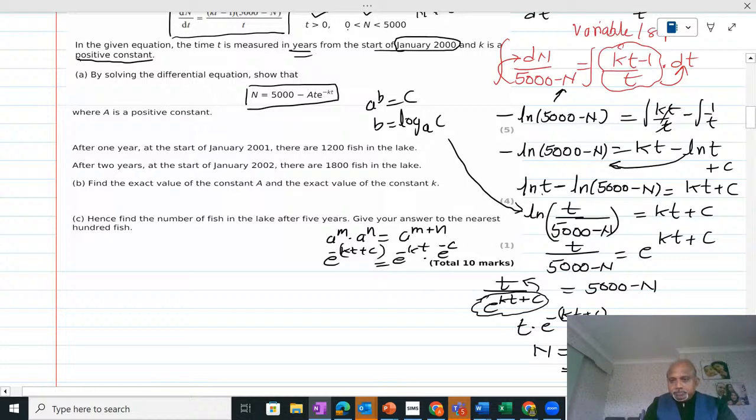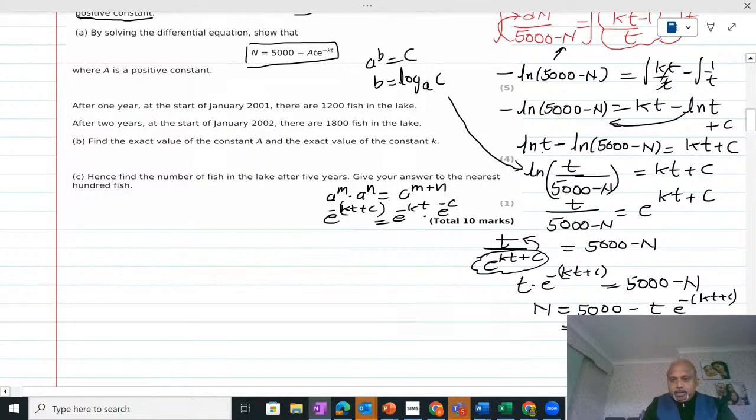So this is 5000 minus t e to the power minus kt times e to the power minus c. And here we can put one constant A, because e to the power a constant is one constant. So we can write n equal to 5000 minus A t e to the power minus kt.